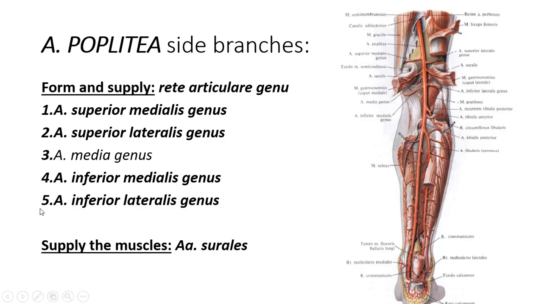Okay, then about the terminal branches as well as the side branches of the arteria poplitea. So here again we can see the artery itself, we can see the start point and the terminal spot.